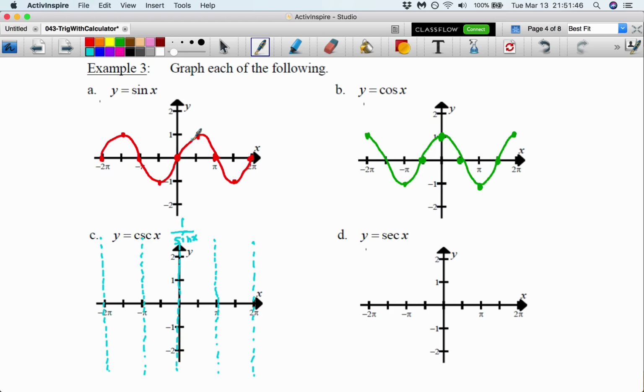Well, sine of pi over 2 is 1, so cosecant of pi over 2 is also 1. And we're kind of flipping all these values over. So some teachers will teach you to just build it on top of your sine, and that's fine. That's exactly what it should look like. So sine has a relative max, cosecant has a relative min.